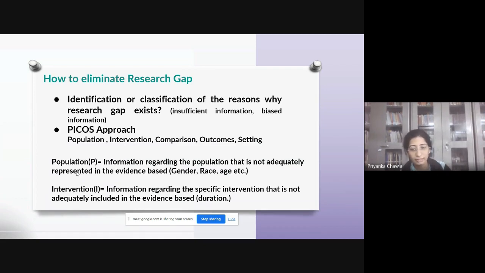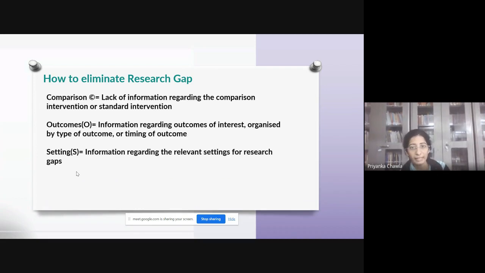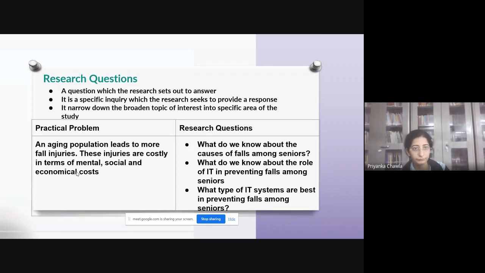So this is intervention. Comparison: you can compare your study with another one. Outcome based or setting based: this is where you are lacking information related to the interest, or information which was not covered in designing the research paper. So you can relate it with your paper.